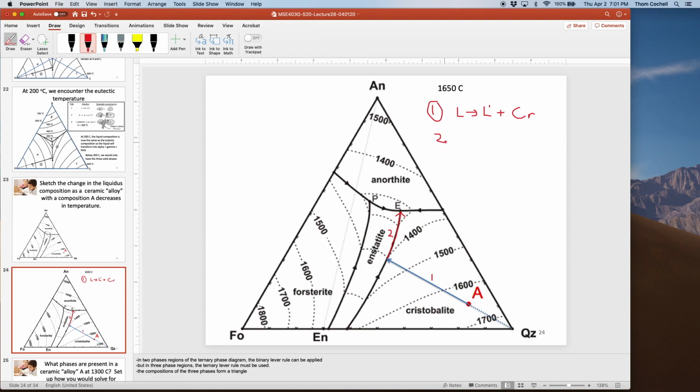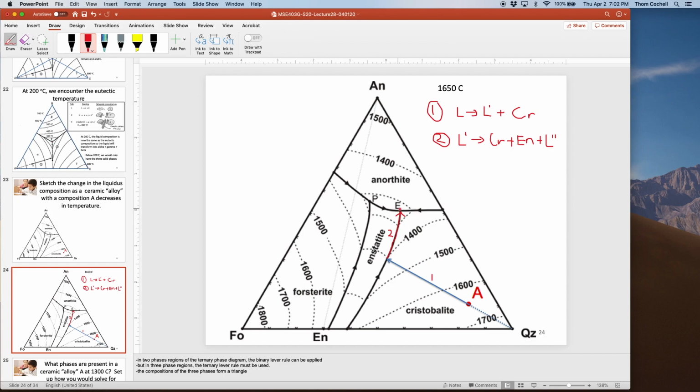Path 2: this was the L prime goes to cristobalite still, but also En, plus there's still liquid, so L double prime. So those are our 2 paths that we have so far.